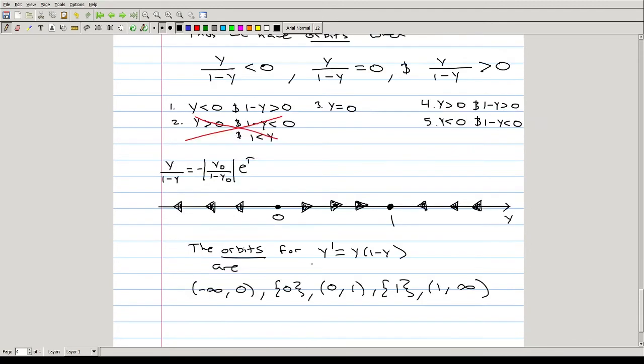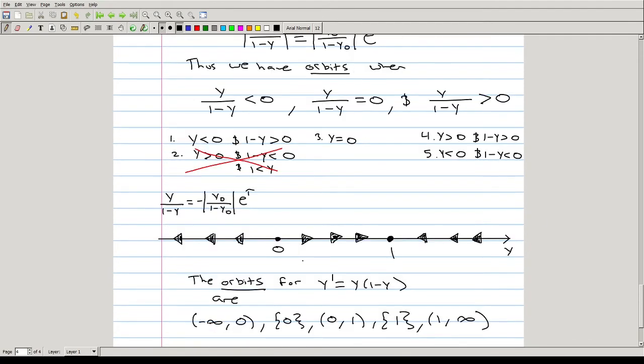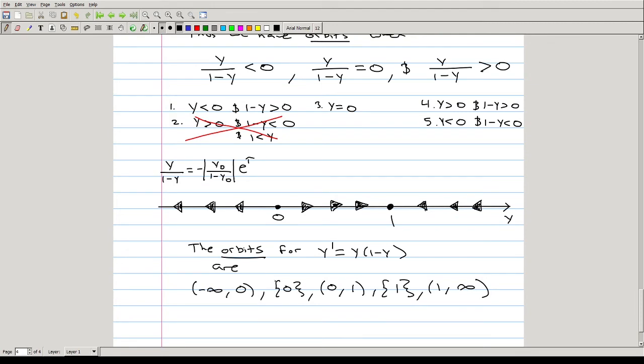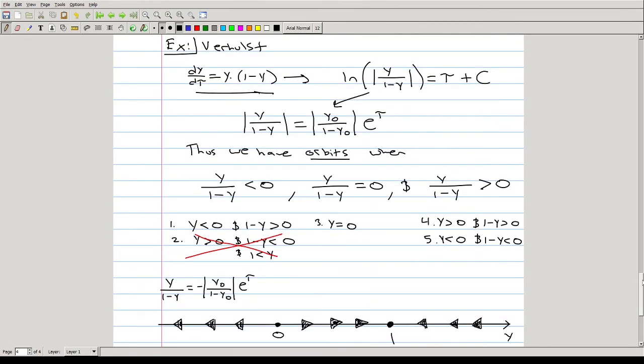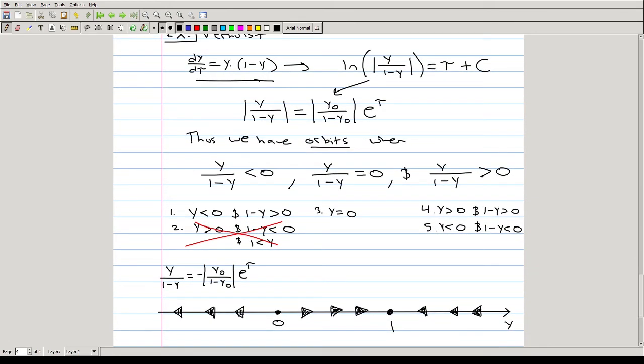And this can be seen without even going through and getting the solution to the ordinary differential equation, just by looking at this function right here. You consider the function on the right hand side of the first order ODE. This function has a zero when y equals 0, and it has a zero when y equals 1. So if the initial condition is either 0 or 1, the derivative is 0 always, and therefore the orbit is just the constant value 0 or the constant value 1.